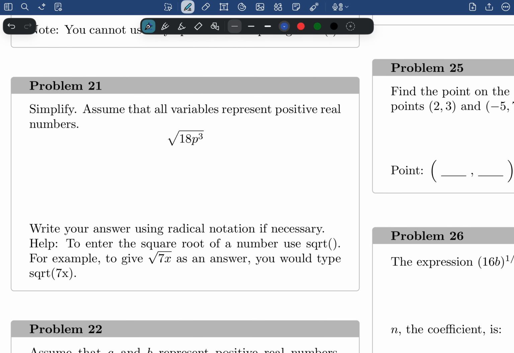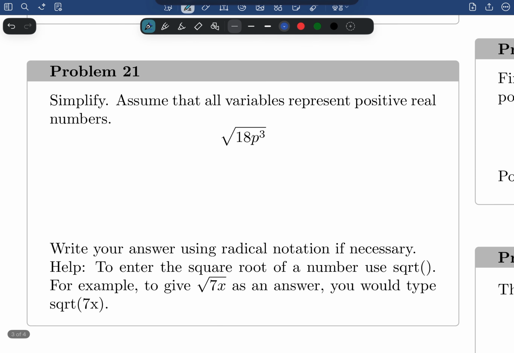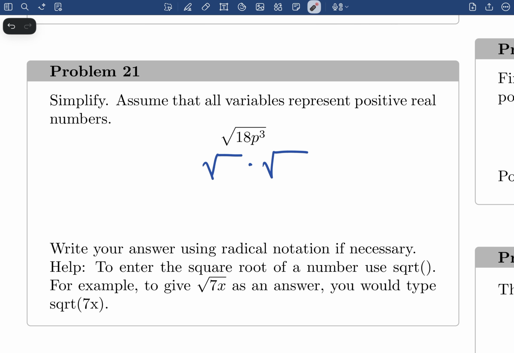Simplify this one. Assume that all variables represent positive real numbers, the square root of 18 times p cubed. Now we're going to use the product rule of radicals, okay? And the product rule of radicals says I can separate a single radical into two radicals. And the stuff you want to put in the first radical is going to be a perfect power of the index.